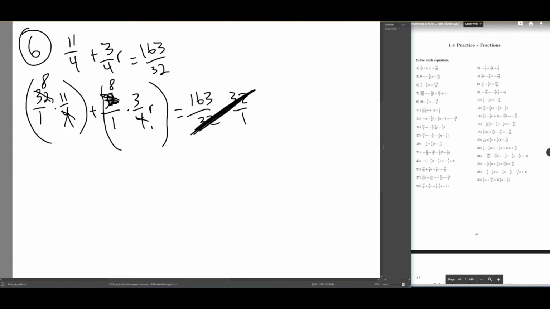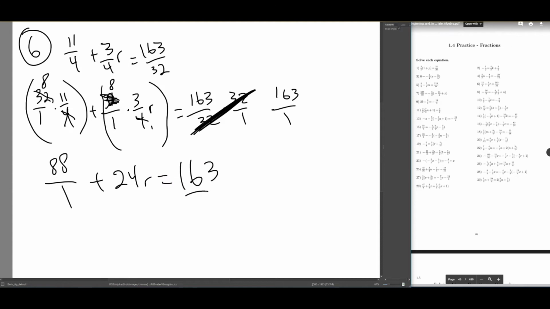So 32 divided by 4 gives you 8 over 1. Same thing here, 8 over 1. Here these cross out, right? So you're left with 163 over 1. Here it's 8 times 11, which is 88 over 1, plus 8 times 3r, that equals 24r. And here I have 163 over 1, in other words, 88 plus 24r equals 163.